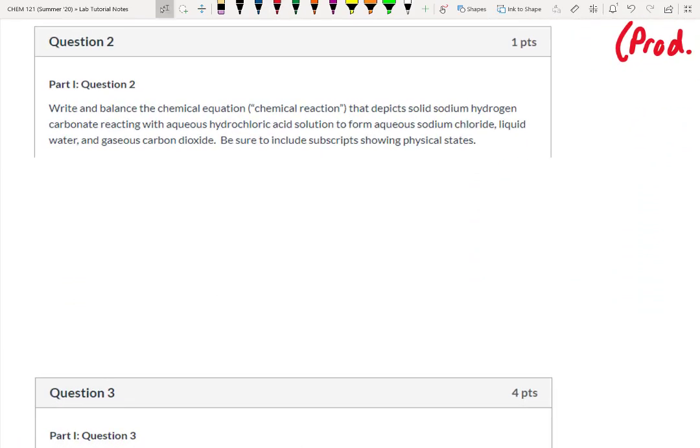Question 2 says, write a balanced chemical reaction for this equation. Okay, but let's piece apart this question. It says depicting solid sodium hydrogen carbonate. This is the same thing as sodium bicarbonate. So I'm just going to write out the formula, which is NaHCO3. And because it's solid, it says solid right here, we need to include the symbol s after it to indicate that it's in its solid state.